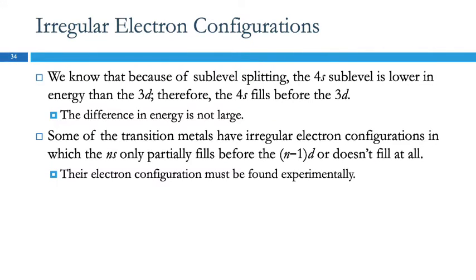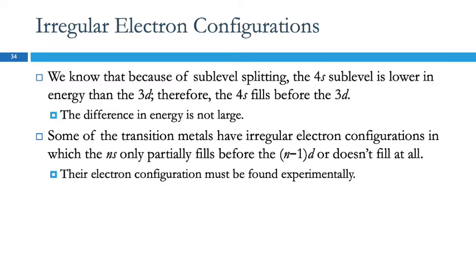So all that's really nice and everything. A bunch of the larger elements have what we call irregular electron configuration. So when we get this splitting that comes up, the 4s and the 3d sublevels are actually really close in energy.